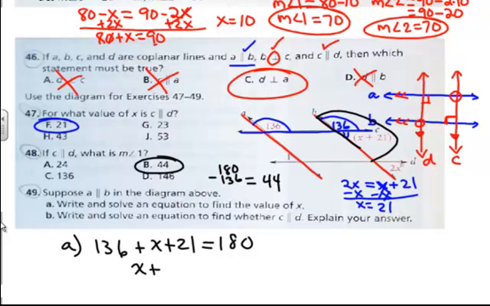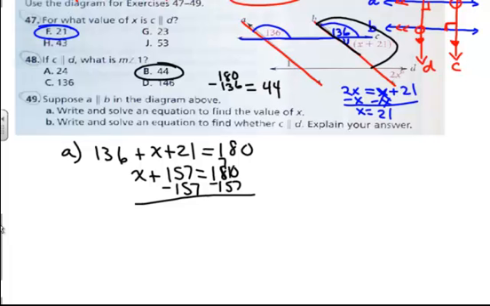X plus 157 would have to equal 180, and subtracting 157, extend this out, get my picture back in. Okay, subtract: 10 take away 7 is 3, 7 take away 5 is 2, that's it. X would have to be 23.